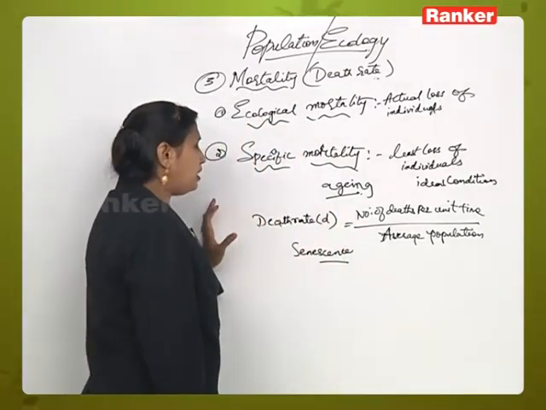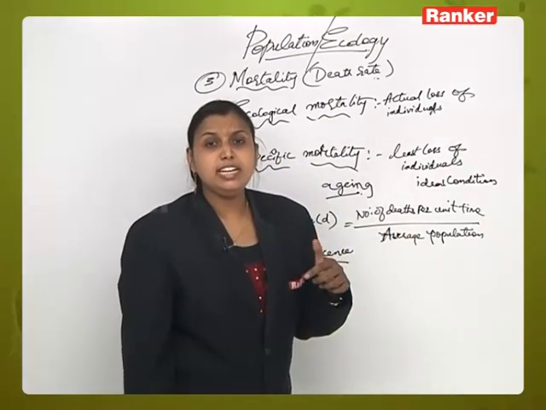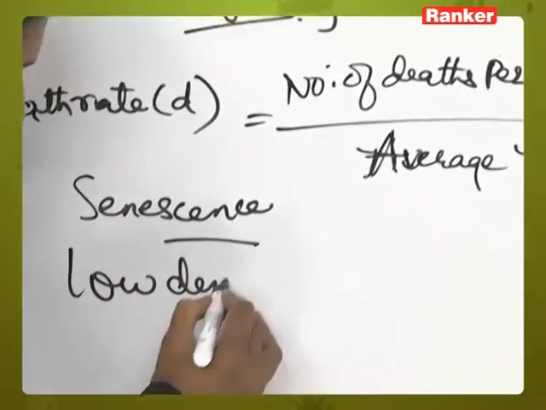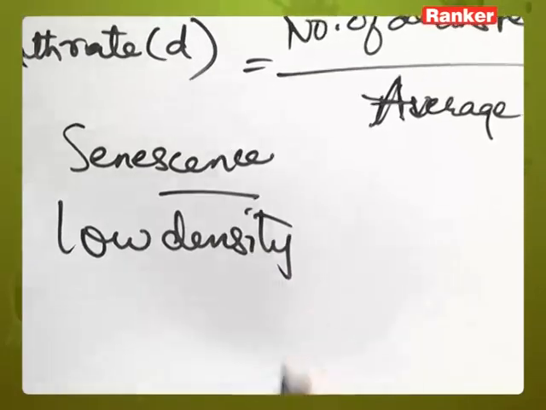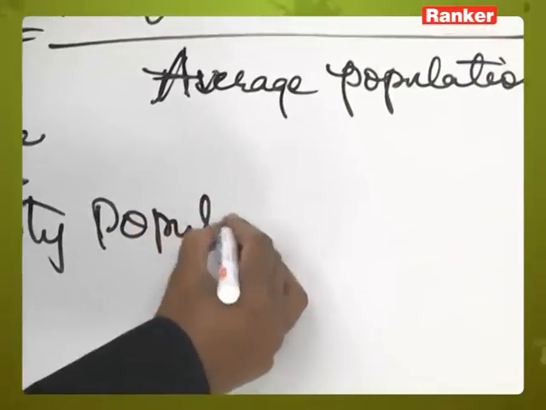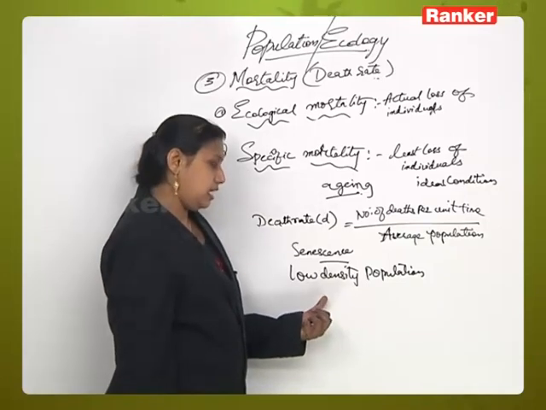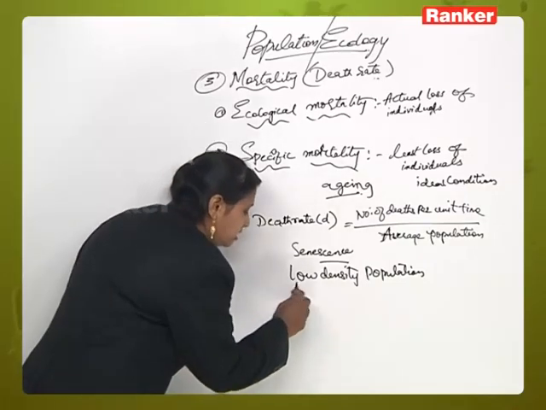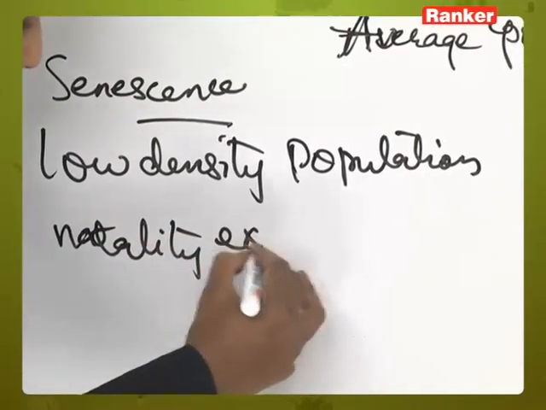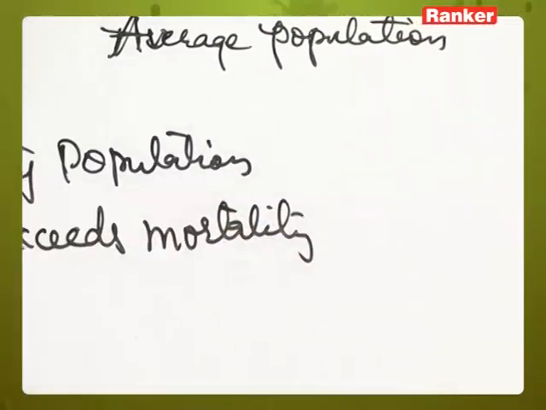Now here, the density of the mortality increases with the increase in the natality rate. If there is a population of low density, then we say that natality exceeds mortality. Okay.